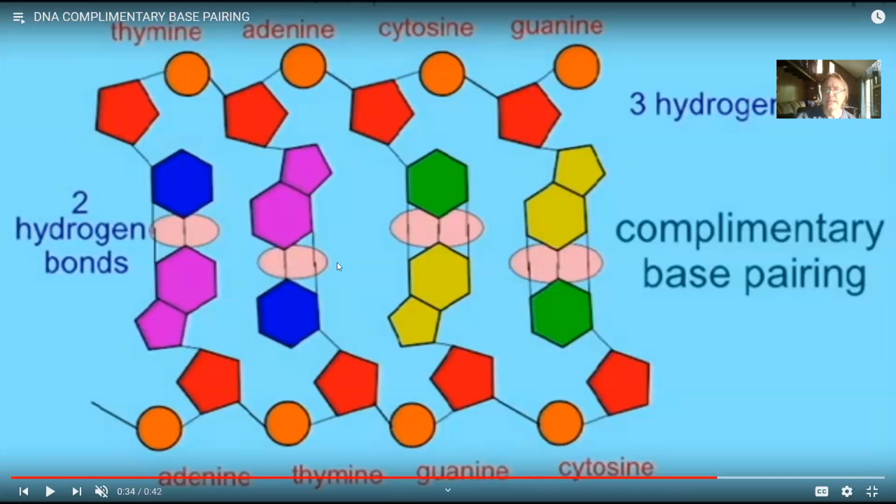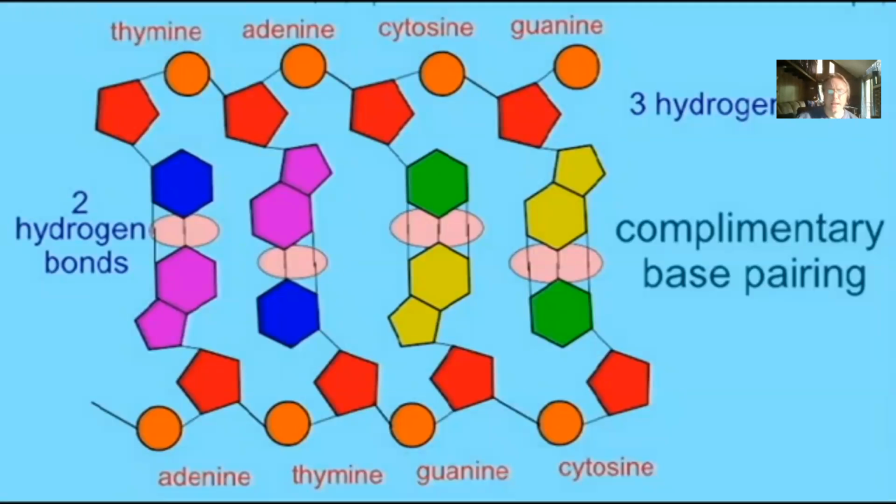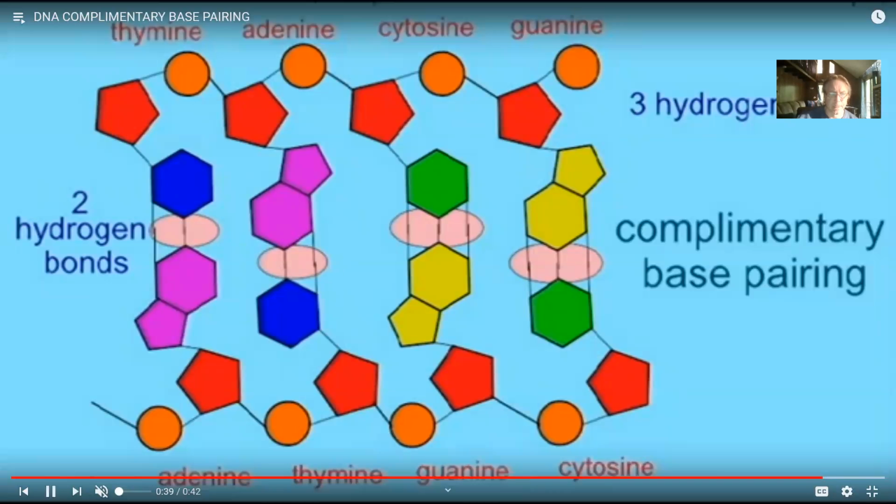And so this is significant, and very often, as we'll see later, the adenines and thymines are easier to pull apart, and so those regions can then signify portions where the double helix gets unzipped.